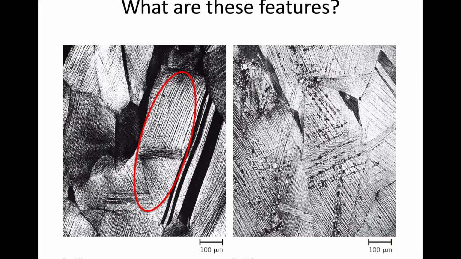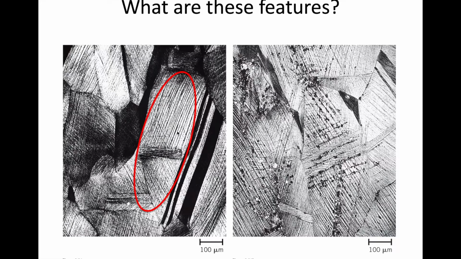But the reason I bring this up and ask what these features are is because if you go back to the image that I just showed for our materials, these new grains form from or on those features, right? You can see the clear linear nature of these new crystals, and they're forming on these features.